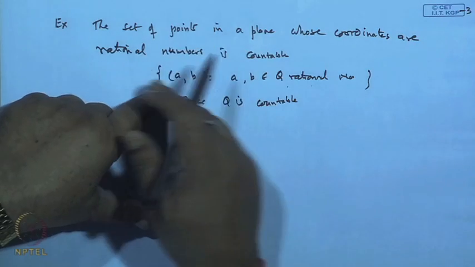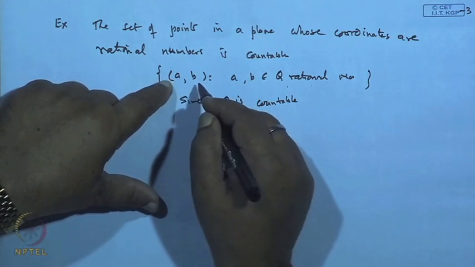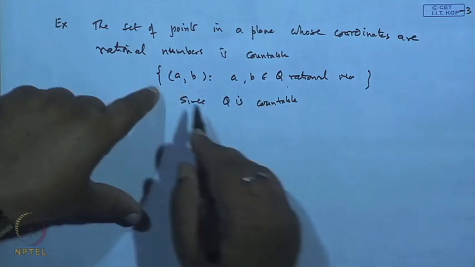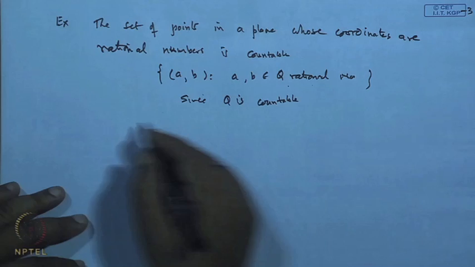So, basically it is a double, meaning two coordinates, where these are rational. So, this will be a countable set, is it not? So, we can say it is countable.